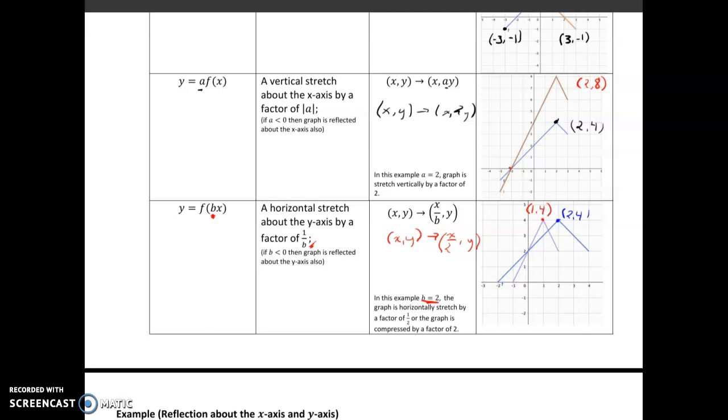So we say that this is stretched about the y-axis by a factor of 2. That doesn't seem to make sense. Sorry, stretched about the y-axis by a factor of 1/2. We can change the language, and we can say it's been compressed by a factor of 2.